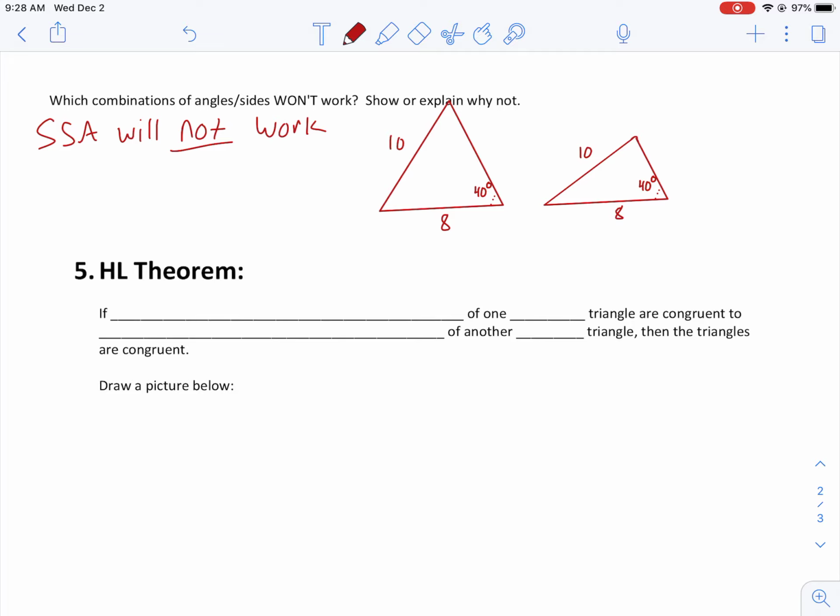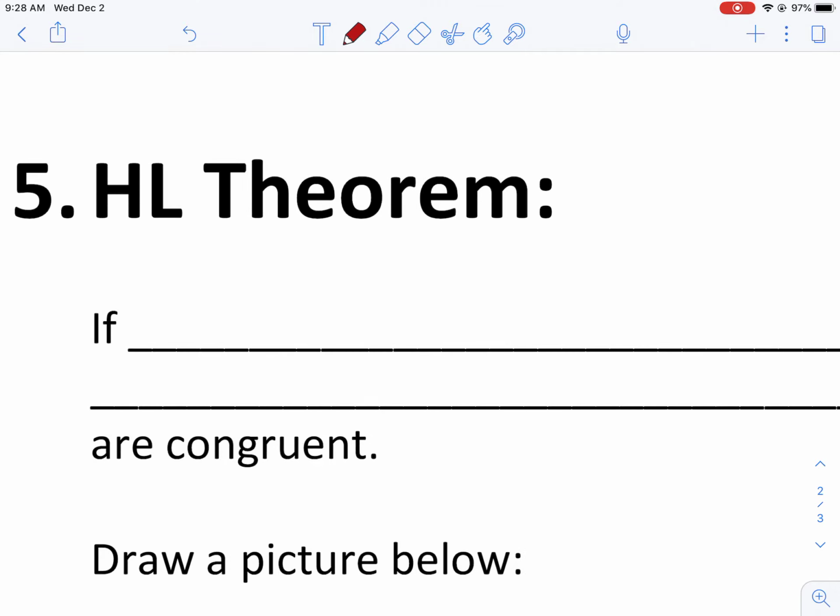Last one is HL. So this one's a little bit different. HL actually stands for hypotenuse leg. So think about what is hypotenuse.